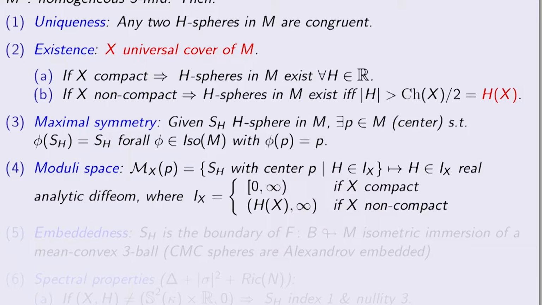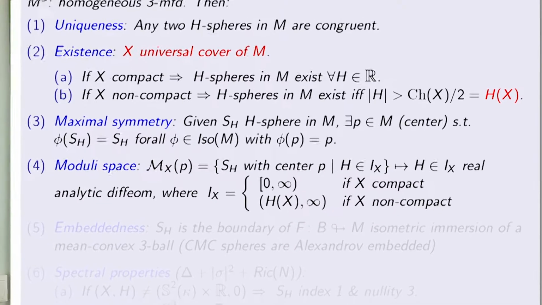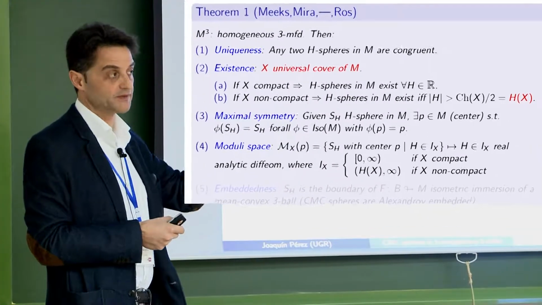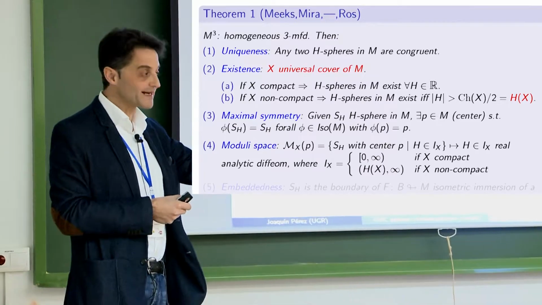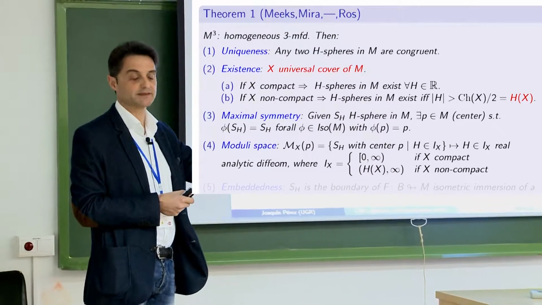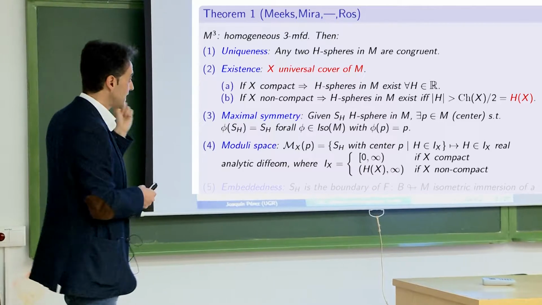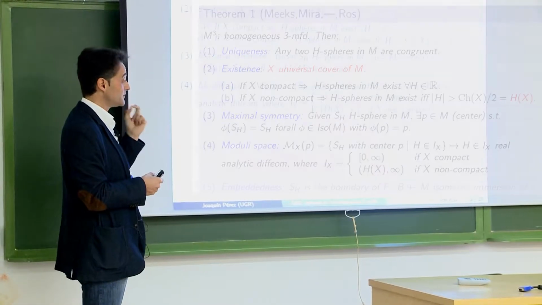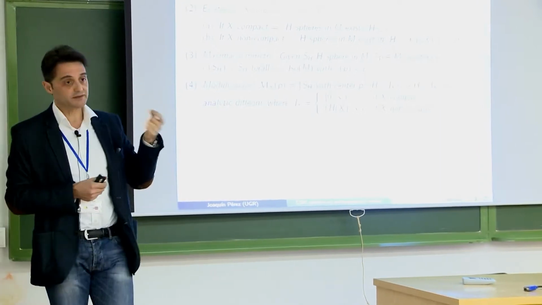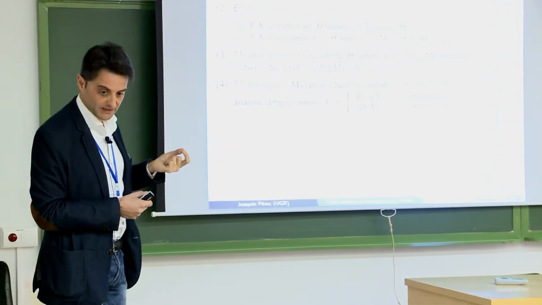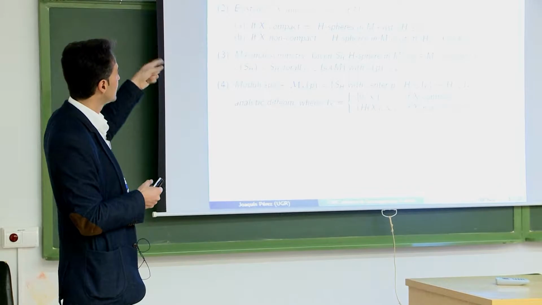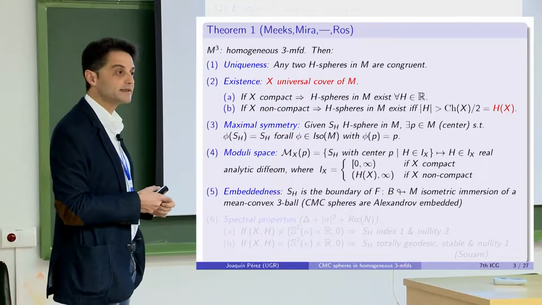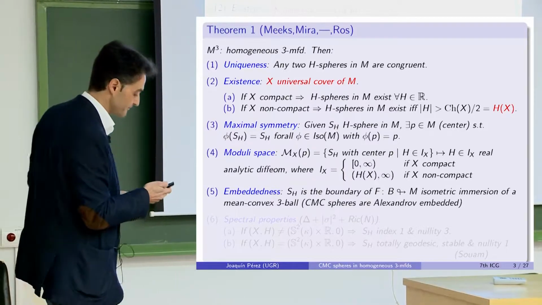So what I'm going to do is I fix a point in my homogeneous space, and I think of the class of all constant mean curvature spheres with that point as center of symmetry. Okay? And it turns out that this is diffeomorphic, actually by a real analytic diffeomorphism, to the range of values of the mean curvature. Okay, which is the interval that I explained in item 2, where you see there again the critical mean curvature of the ambient space. Okay?